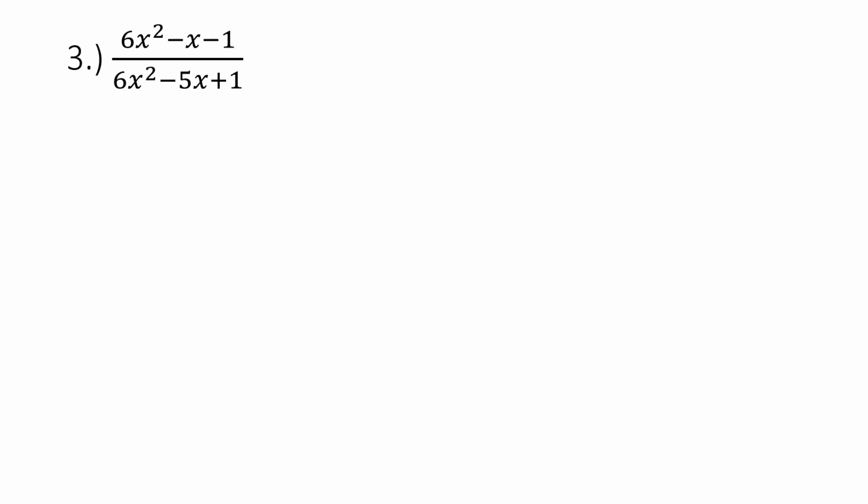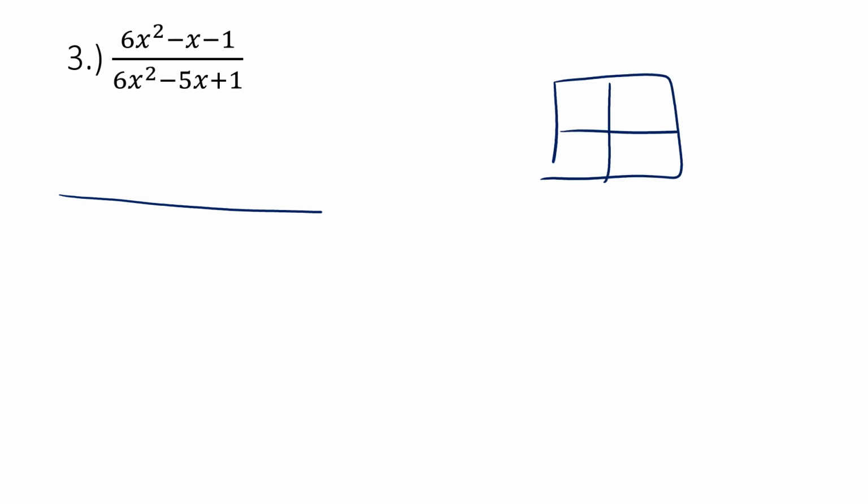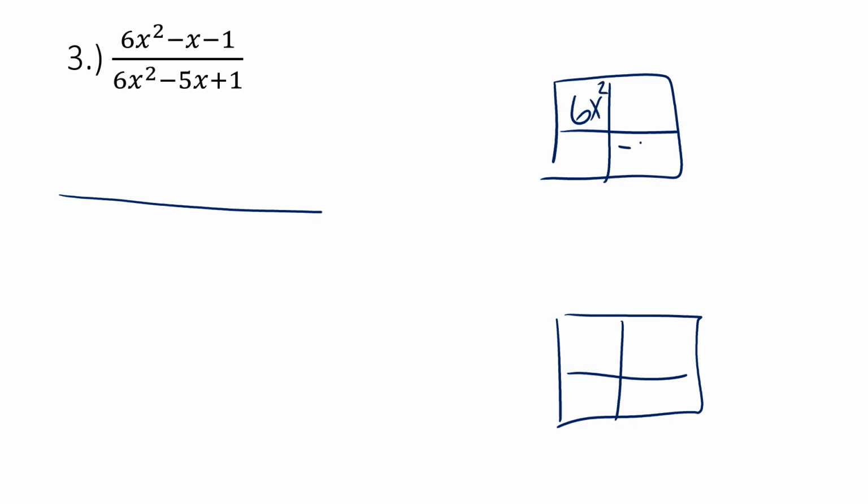Looking at this, what do we have going on? We have no GCFs, so we are going to have to tackle both of these. I'm going to try to save myself some time here because these are similar problems. I have a 6x squared and a negative 1, and here I have a 6x squared and a positive 1.